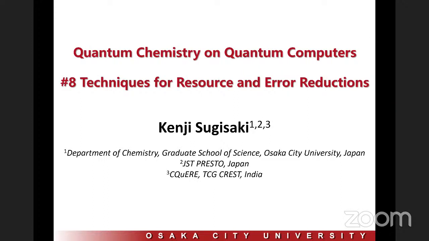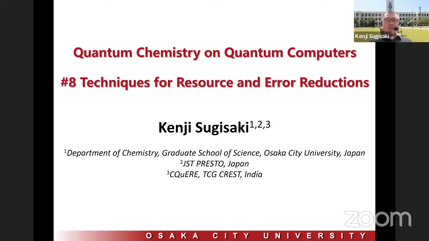Professor Sugisaki: Thank you very much, and welcome to the final lecture of the lecture series on quantum chemistry on quantum computers. The title of today's talk is Techniques for Resource and Error Reductions. Today I'm going to talk about mainly 3 topics.